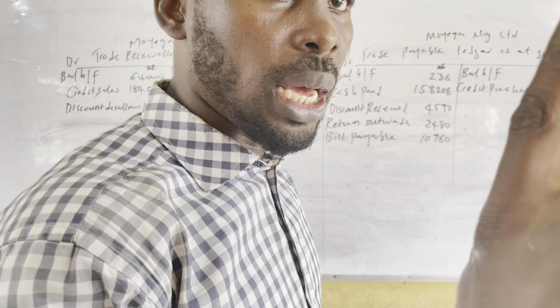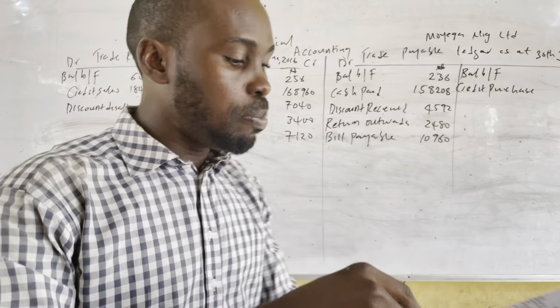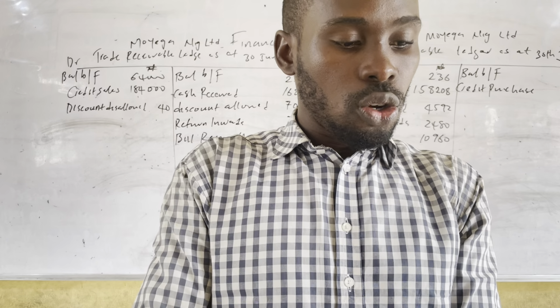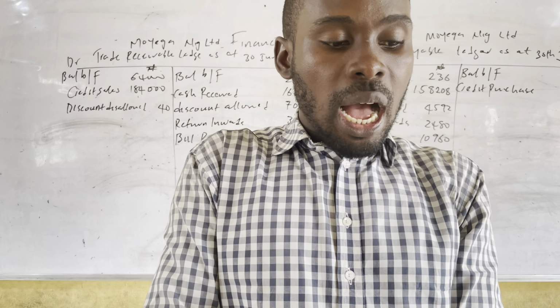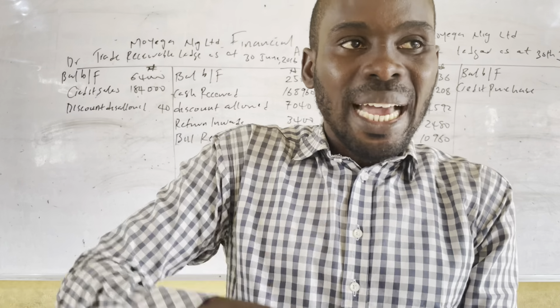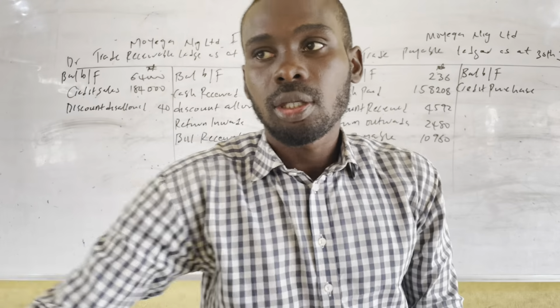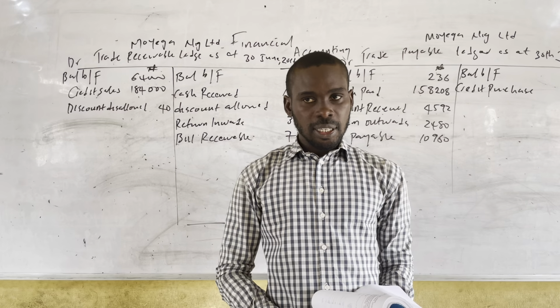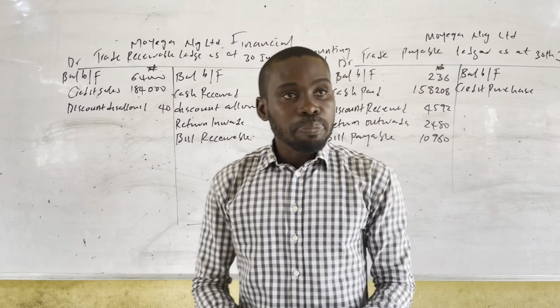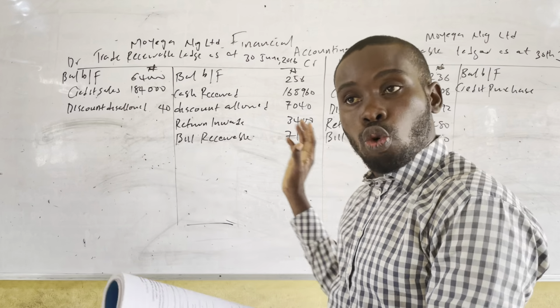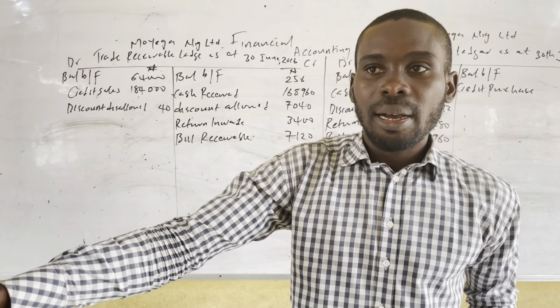So now see what happened. The customer paid the business a check, a bill, which is bill receivable. Now see what happened in the next part. They said that the bill they received from the customer was dishonored. Can you see that there? So it means that the bill that was dishonored, you will bring it back. How do I mean?